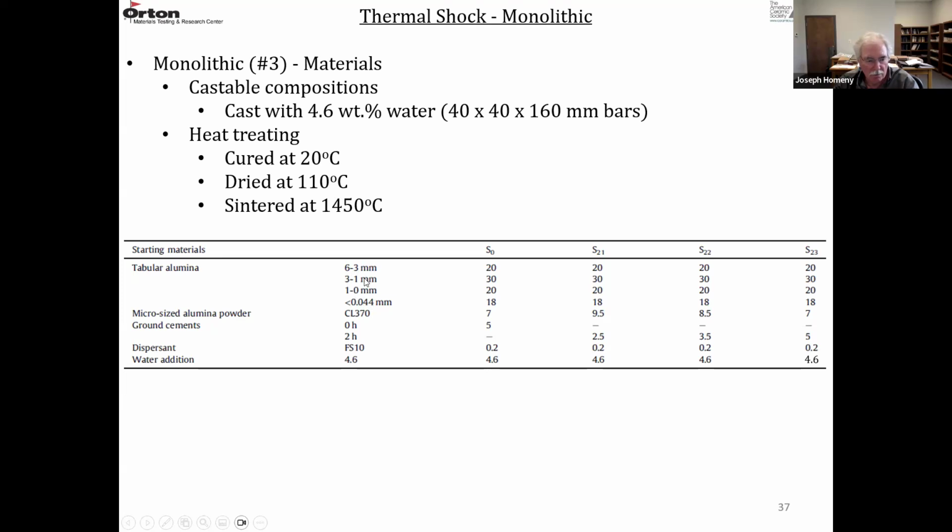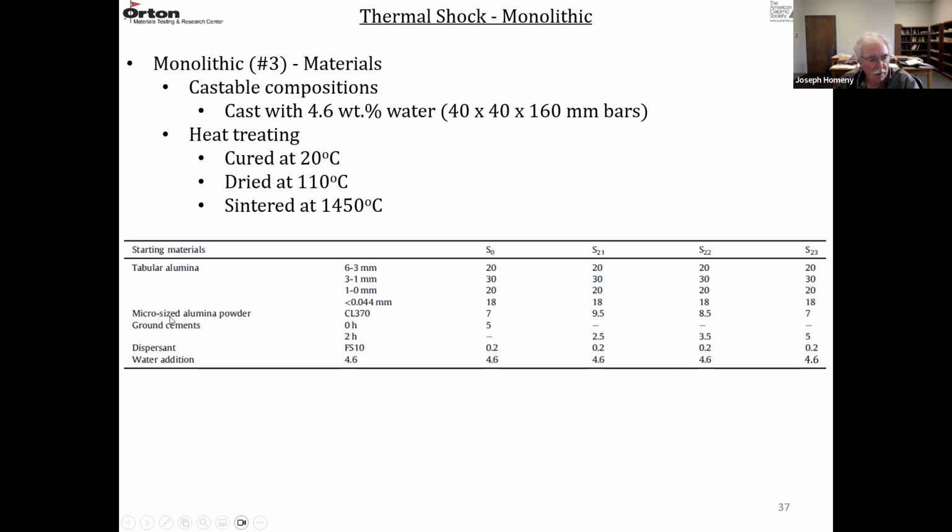All of these four tabular alumina sizes were kept constant: 20%, 30%, 20%, and then 18%. So four compositions: S0, S21, S22, and S23.